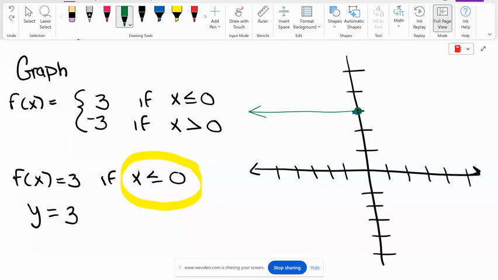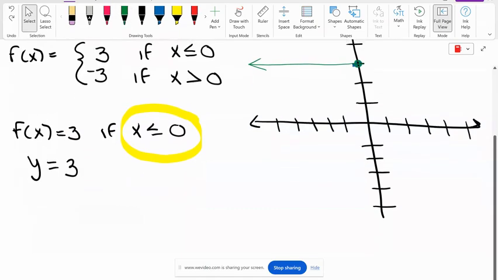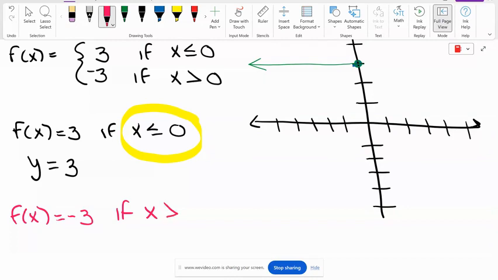Right, let's do this next part. So now the next part is saying f of x is equal to -3 if x is greater than 0. So remember, f of x is interchangeable with y. So now we have y equals -3. That's going to be a horizontal line at -3. But again, my domain's restricted.